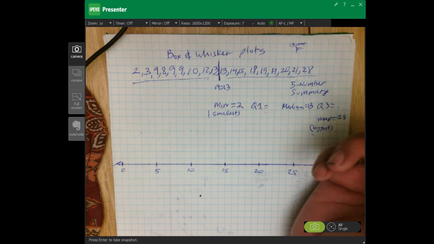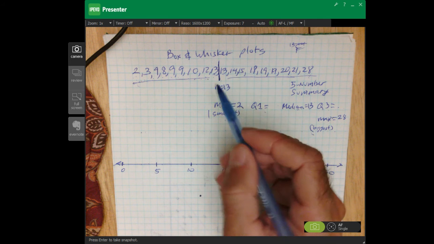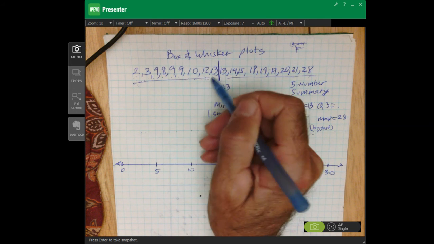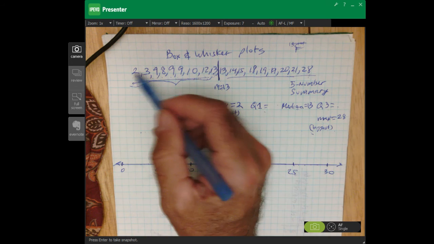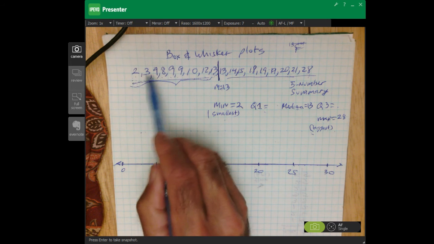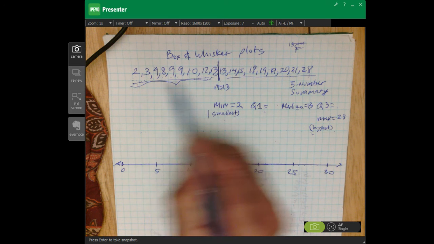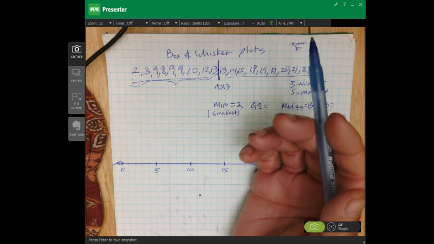So again, we need to do the same exact thing. It's like finding the median 3 different times. This time we only look at this data set here, and now we only have 9 numbers. 1, 2, 3, 4, 5, 6, 7, 8, 9. We have to split this up into 2 equal groups. Now, if you cut 9 into 2 equal groups, we get 4.5, right?